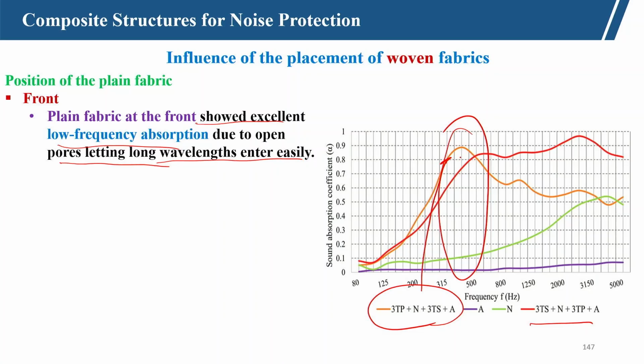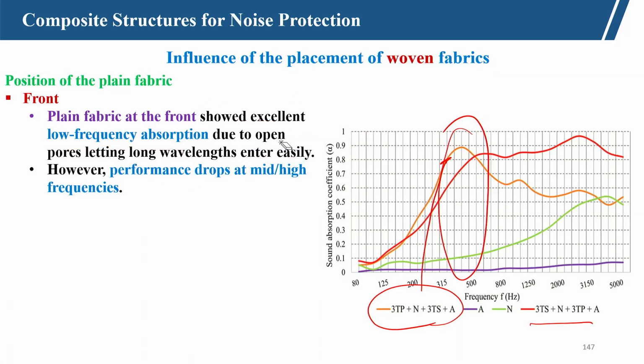The open pores here, the low frequency wave is entering. However, this performance drops at mid to high frequency. In this zone, the plain fabric at the front shows a drop.